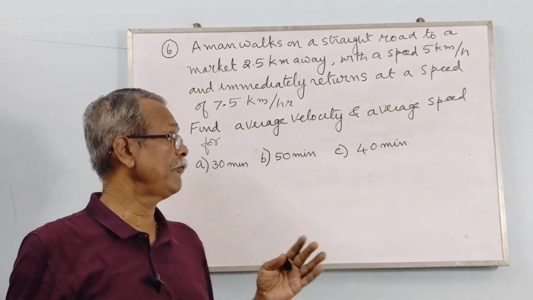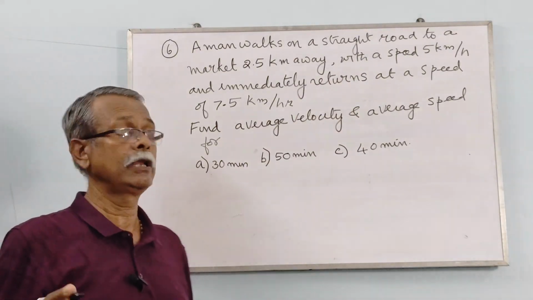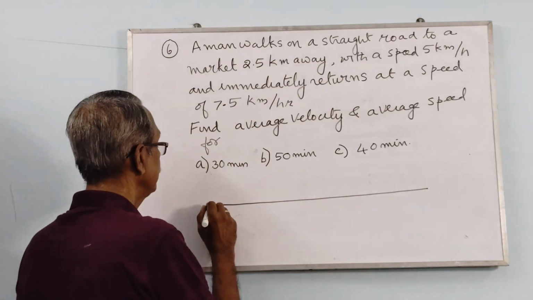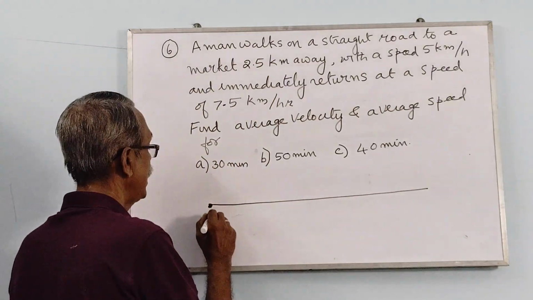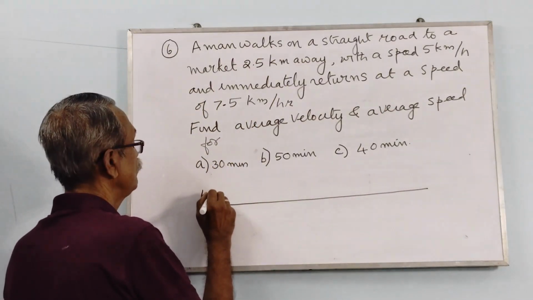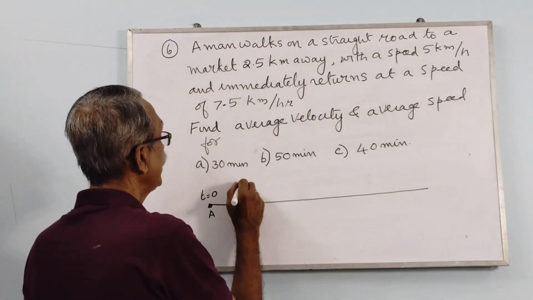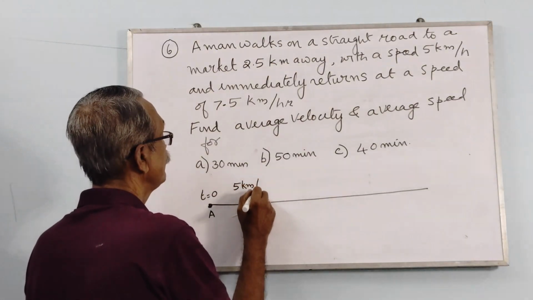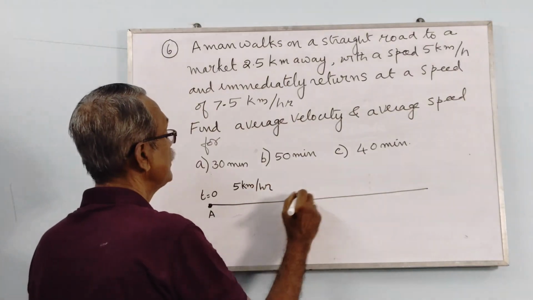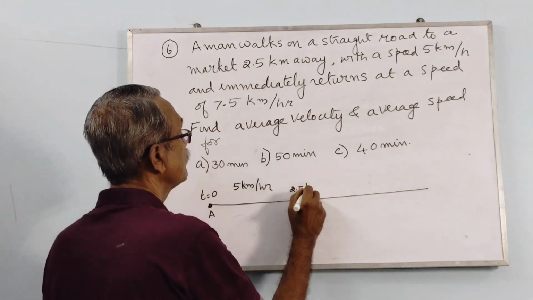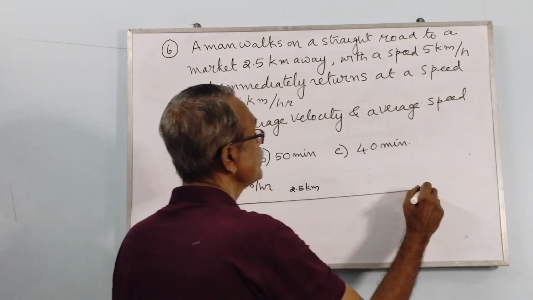Before doing that question, let us just analyze his motion. What is his motion? He starts from here at t equal to 0. He travels with a speed of 5 km per hour. This distance is 2.5 km, and he reaches here.